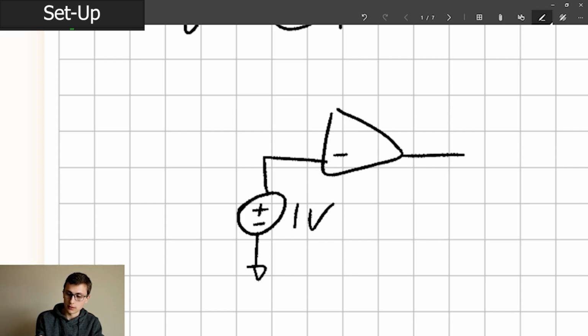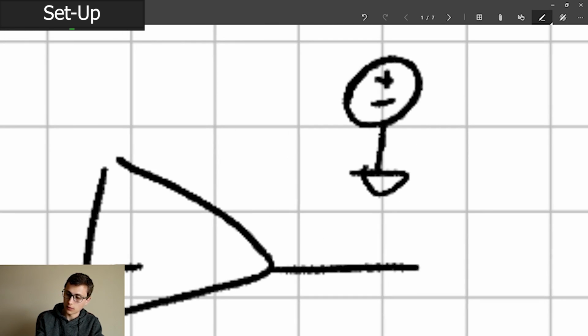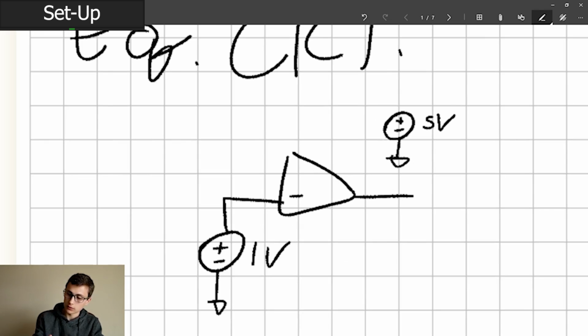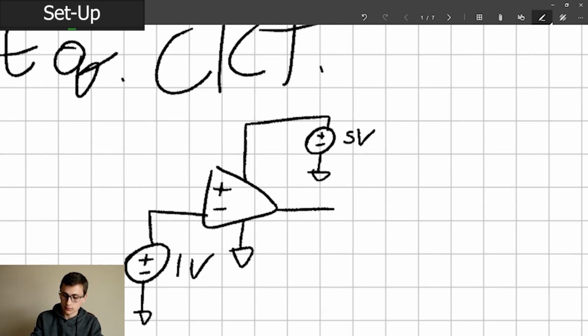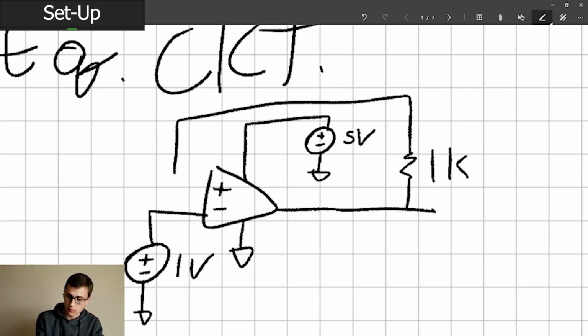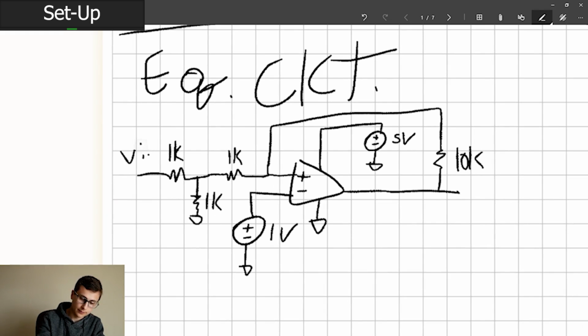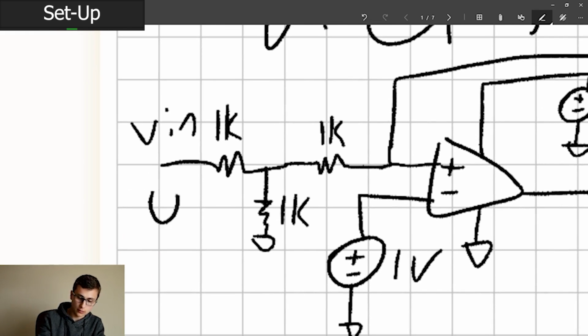We're going to supply 5 volts to the supply input. All grounds are tied together. Got a 1 kilo ohm resistor. Actually, we're going to make that a 10K. Here's what we have. V in. So we're going to call this V in, or VI.